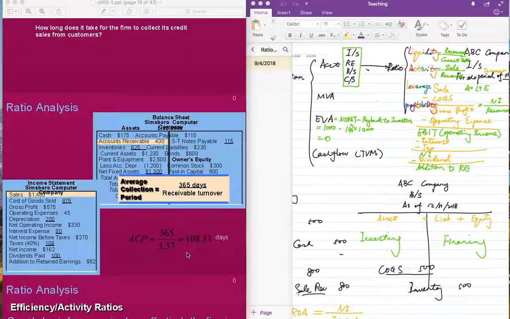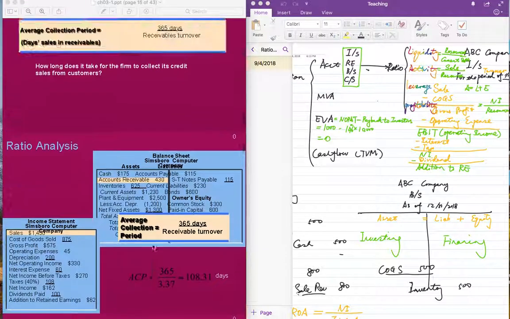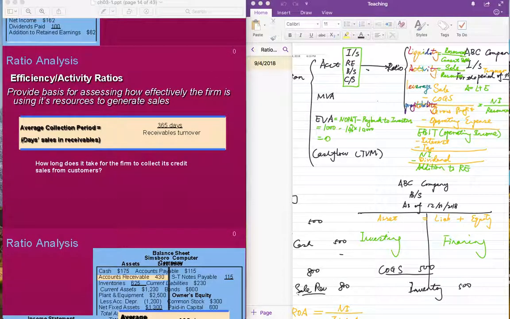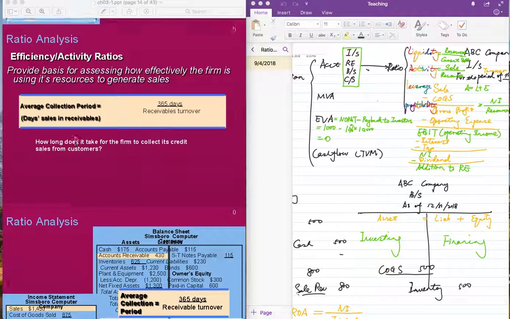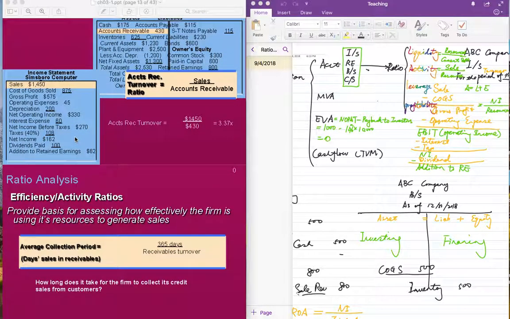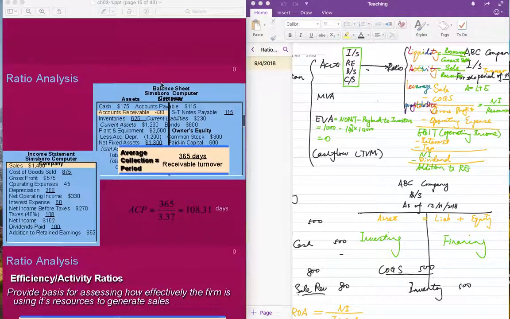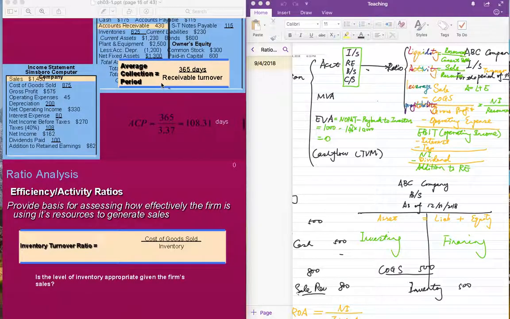This measurement is called the average collection period, as you can see here. So what is the average collection period of SimSparrow? 108 days. Okay, you see the relationship between average collection period and accounts receivable turnover ratio, right? So when you do homework or exams, pay attention to the question.